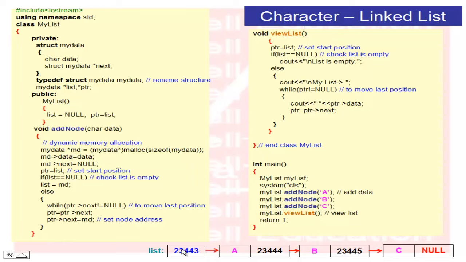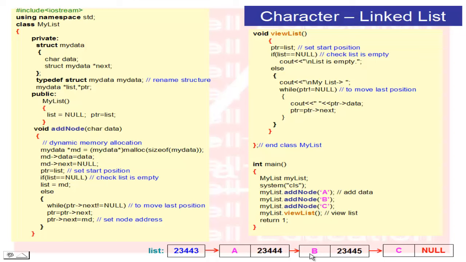Okay, so this is the structure, this is the list variable, this is the starting point pointer address. In this pointer address the data part is a, and next is again a pointer, so the address of the next node is available.